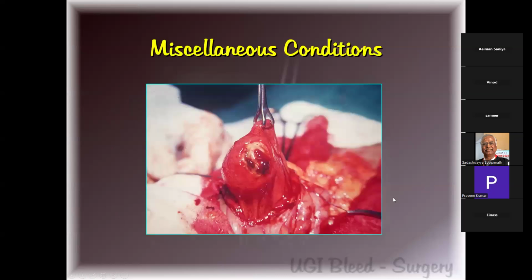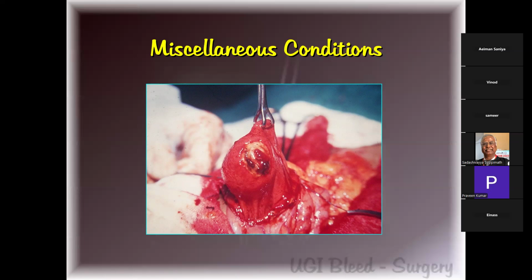And miscellaneous conditions. What is this condition? It's a classic condition that I operated on a few years ago. Dieulafoy's doesn't give you a lump like that. There is an umbilication in a lump on the posterior wall of the stomach. I've done an anterior gastrotomy, and this is the visible vessel for you.